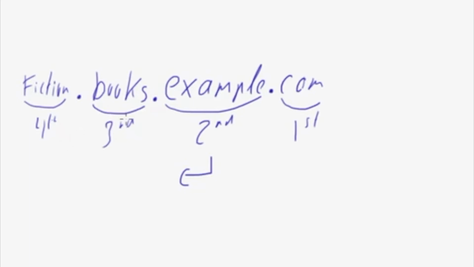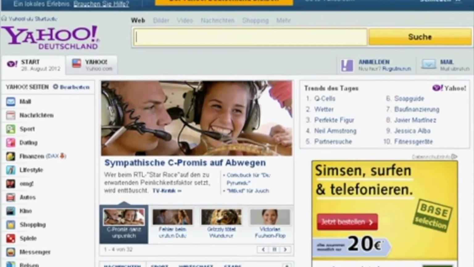Some good examples of subdomains would be, for instance, you could use a subdomain to host a section or a subsection of your site. For instance, Yahoo does that. I'll show you. Here you can see de.yahoo.com. That is the German Yahoo service, and they are hosting this German service on a subdomain, and presumably other local services of Yahoo are served in their own subdomains.